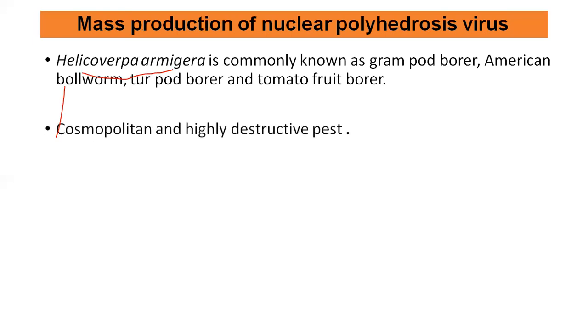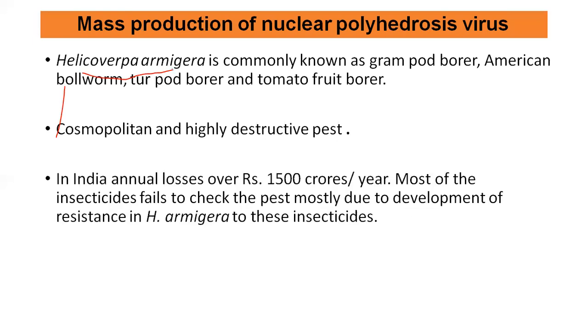It is a cosmopolitan, highly destructive pest that does not require only one host; it has the ability to use alternate hosts like various crops and even some grasses. So its chances of survival are more in the open field. The annual loss in India is more than 1,500 crores per year.